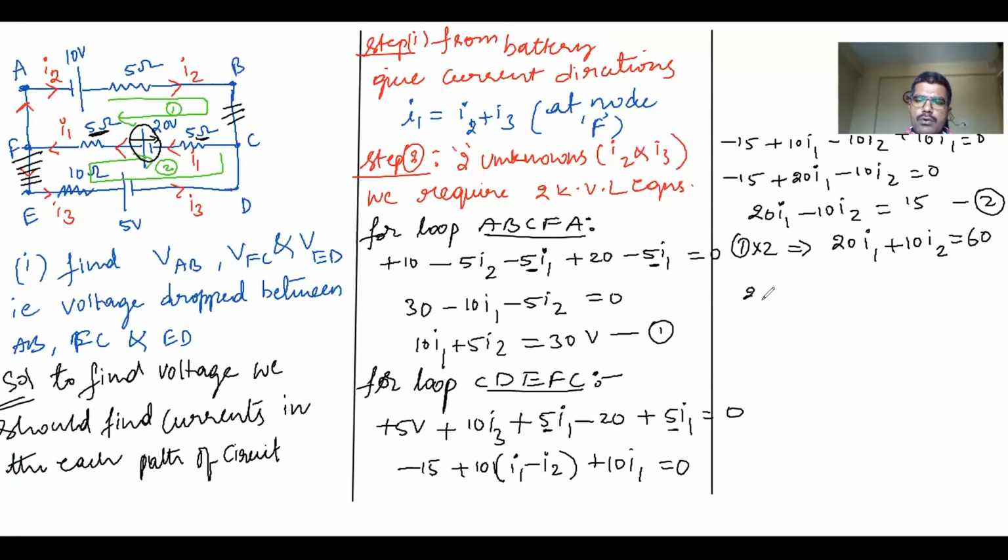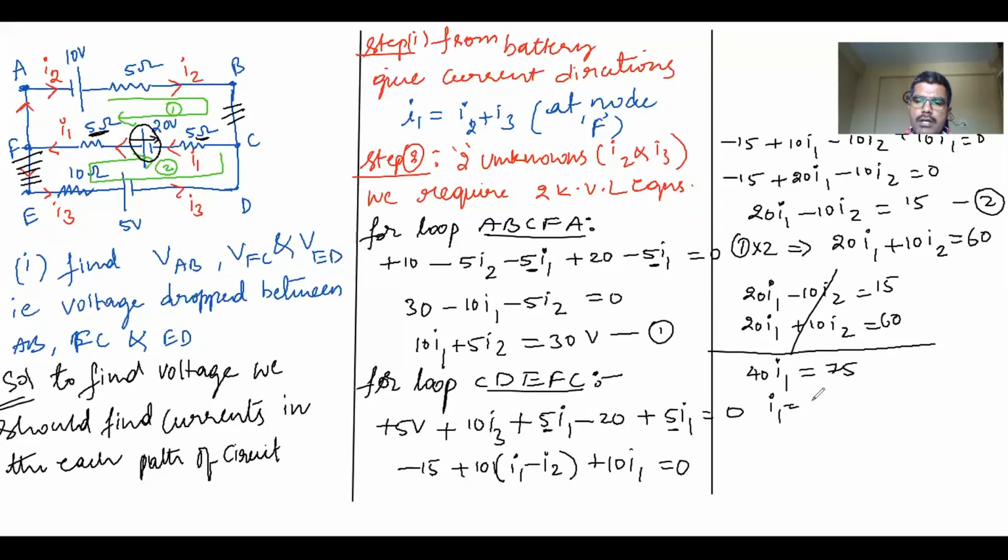This gives you 20I1 minus 10I2 is equal to 15 and 20I1 plus 10I2 is equal to 60. 10I2 gets cancelled. 20 plus 20, it is 40I1 is equal to 60 plus 15, it is 75.